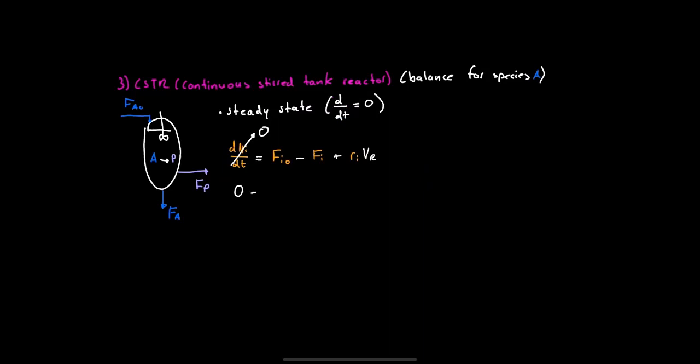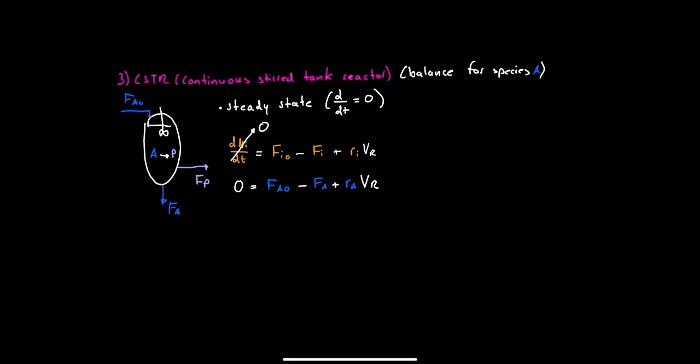If we transfer this for species A, we can say that 0 is equal to the inlet molar flow rate FA0 minus the molar flow rate at the outlet FA plus the reaction rate of the species A times the reactor volume.